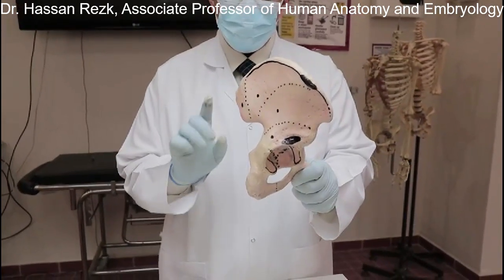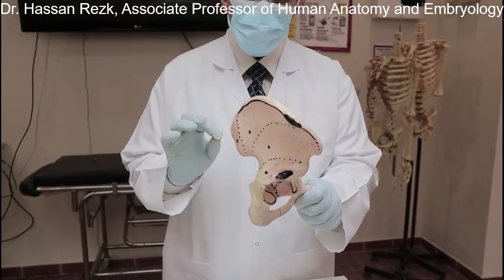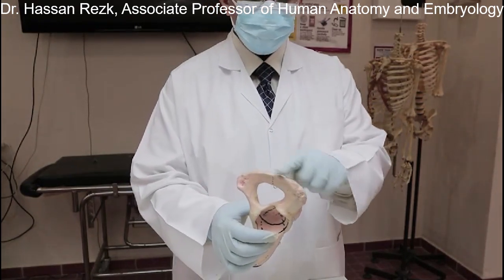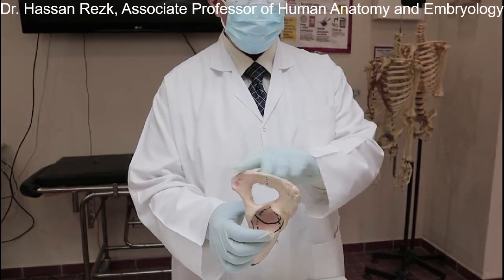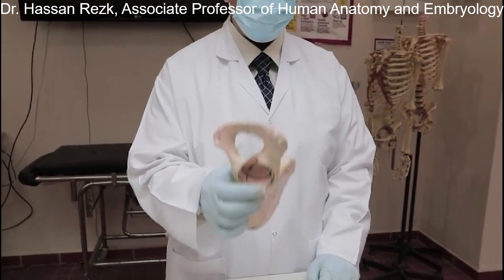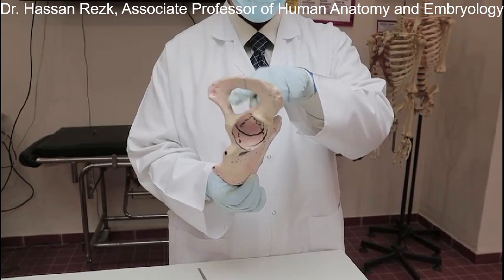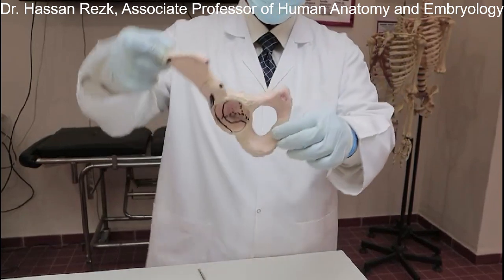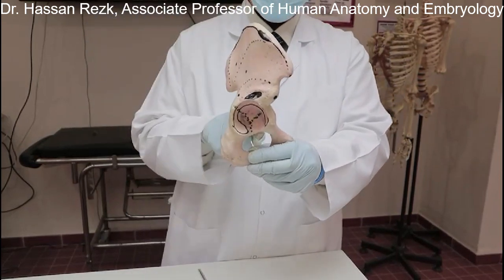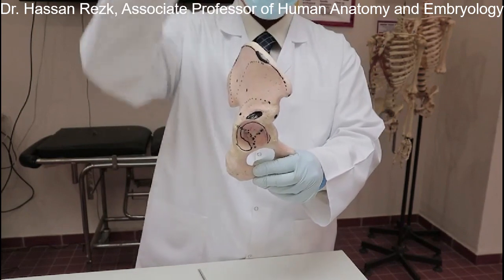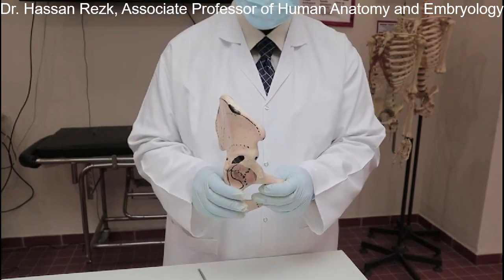As a warning, don't handle the hip bone like this, and don't consider that this is the iliac crest. This is not. Now you are handling the hip bone in a wrong position, because the obturator foramen must be directed inferiorly. The obturator foramen is directed inferiorly, and the iliac crest is directed superiorly.